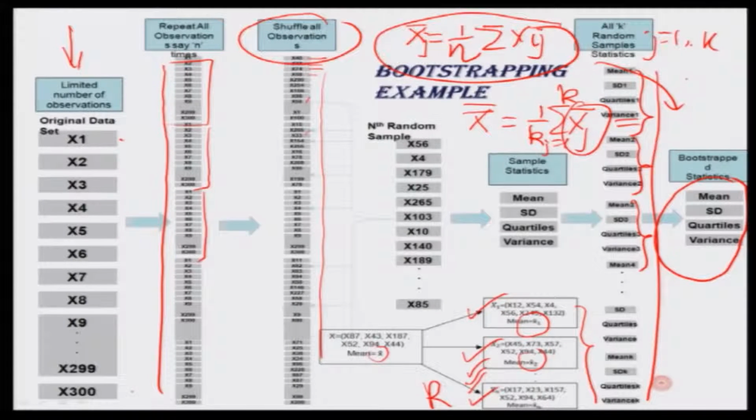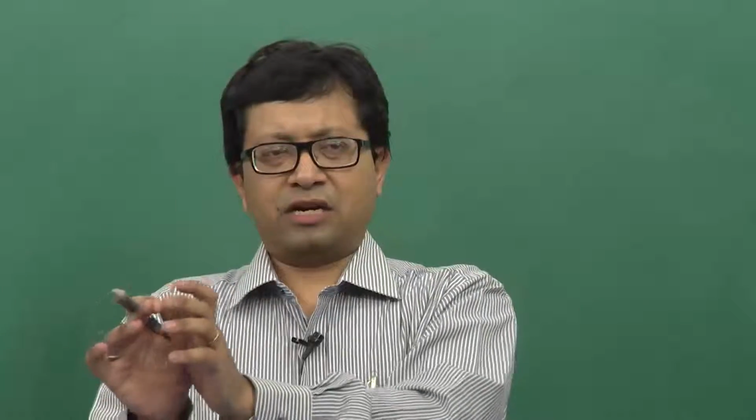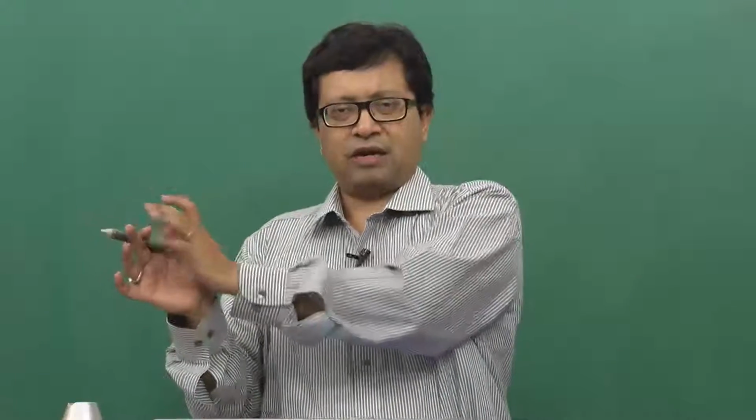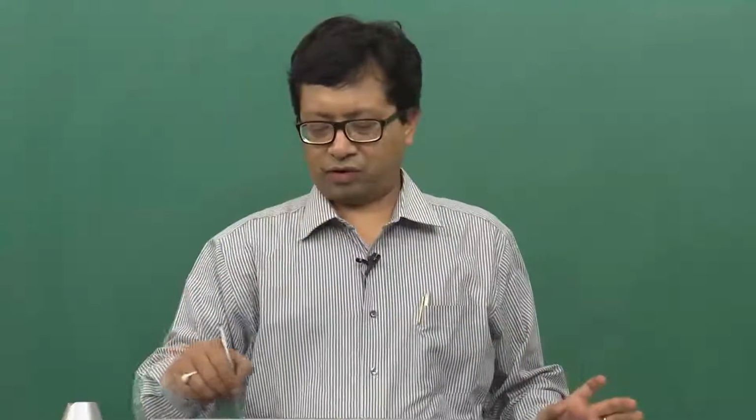So, first block of say for example n size, second block n size, third block n size, repeat it this k number of times, and then find out the averages, and that will give you the actual characteristics.